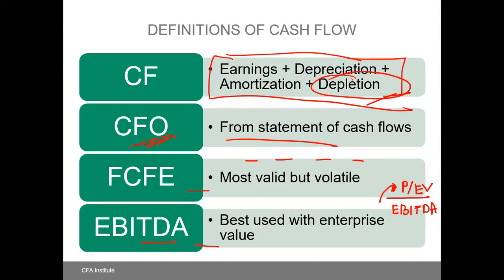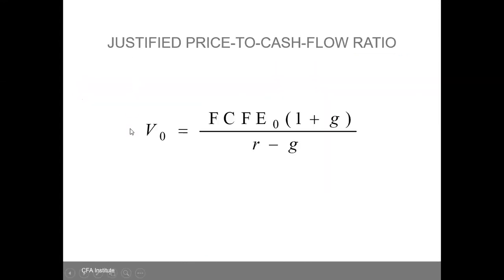So we have a justified price to cash flow ratio that is more simple, like other ratios. We are taking the trailing FCFE, trailing, okay? So it is from the most recently available financial statements.